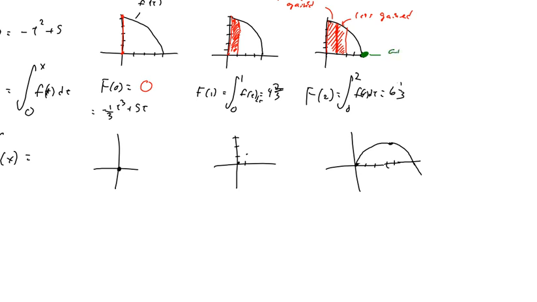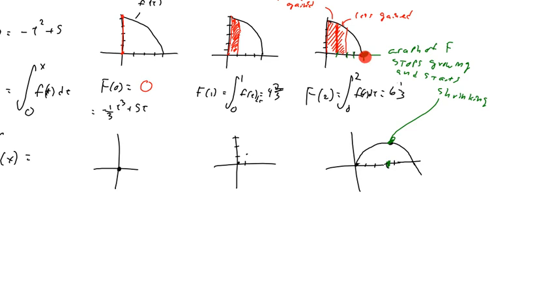My graph of f stops growing and starts shrinking right here at 4. 1, 2, 3, 4, right? Because I have stopped gaining ground. I've stopped adding to my area. When I hit the 0 here, I've stopped gaining my area.